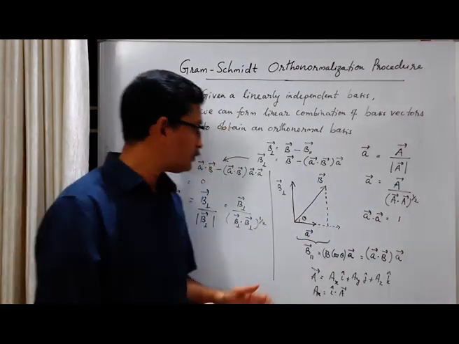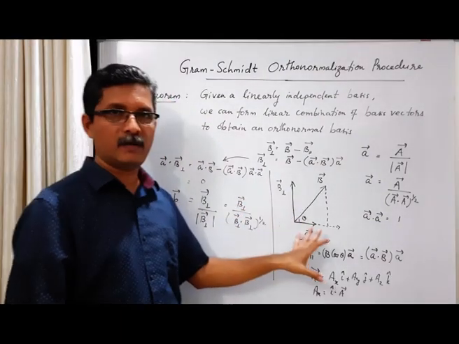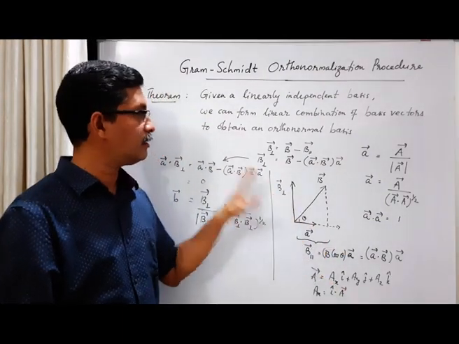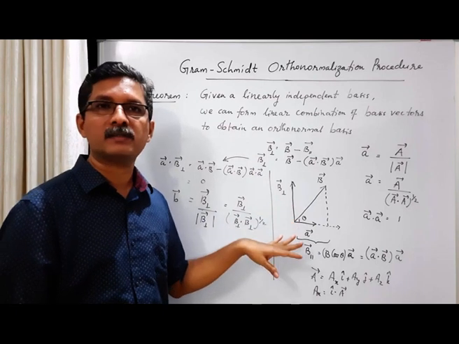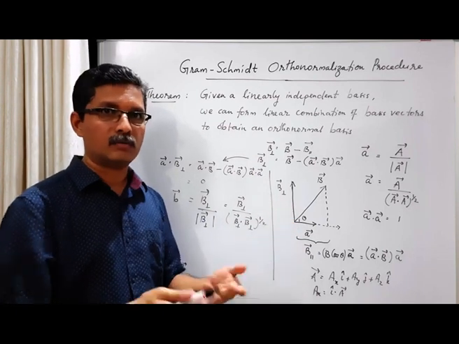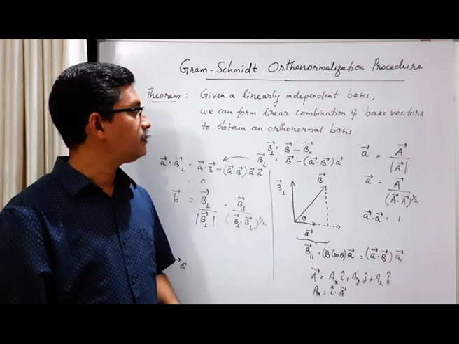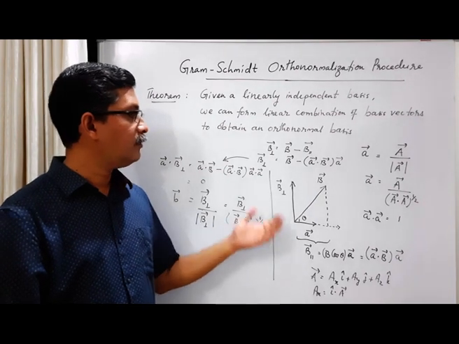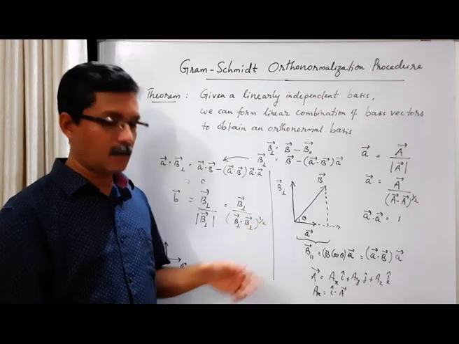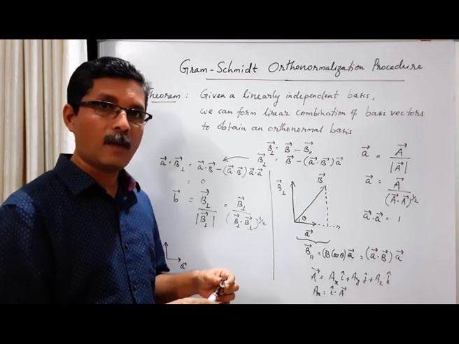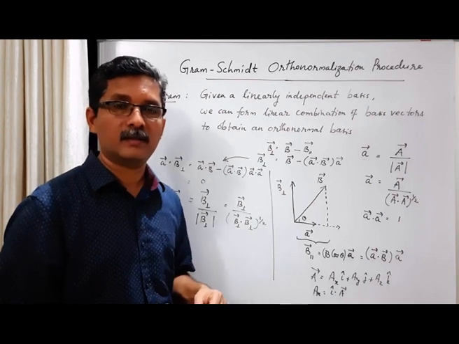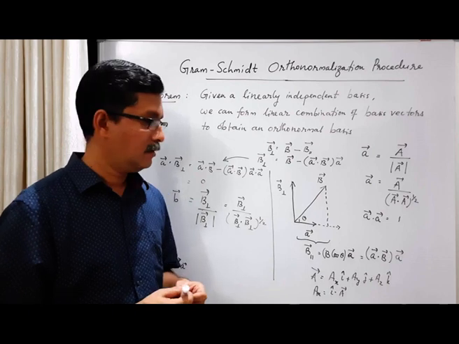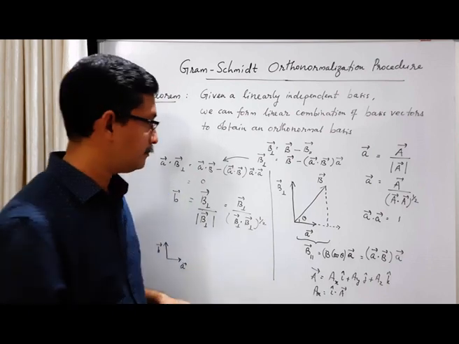Okay. So far we have been discussing spatial vectors, illustrating this Gram-Schmidt theorem using spatial vectors in a two-dimensional surface and also three-dimensional space. Now we want to deal with abstract vectors, and let us see how we do this in the case of abstract ket vectors in the abstract complex vector space. Let's see.